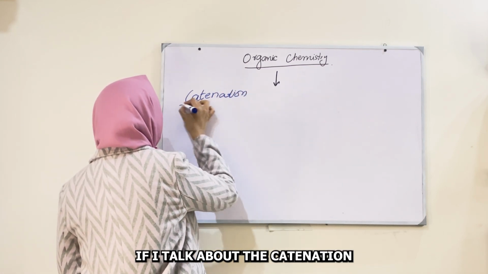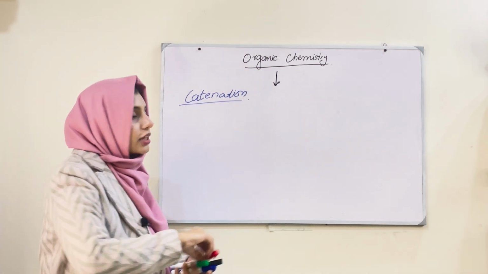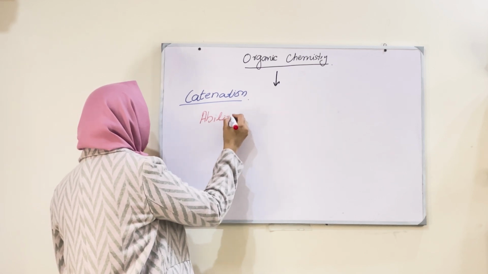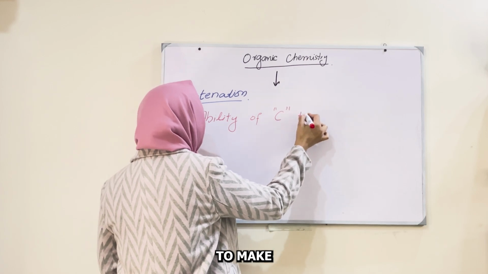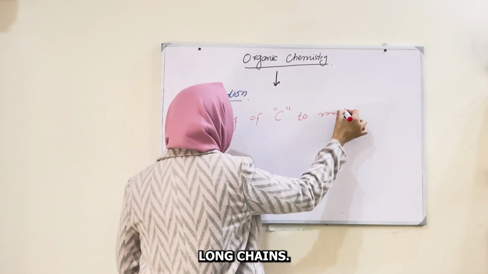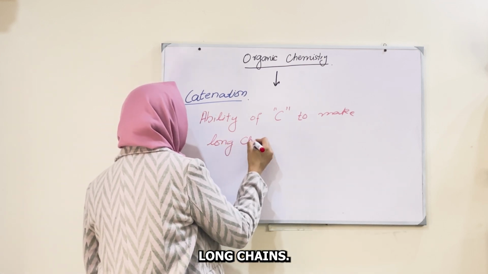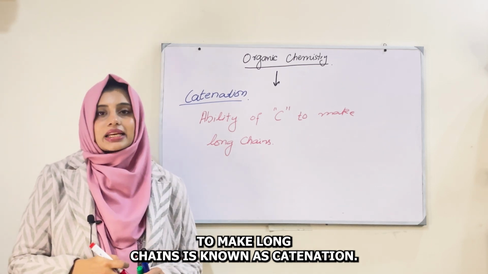If I talk about the definition of catenation, very simple, very easy, it is the ability of carbon to make long chains. This ability of carbon to make long chains is known as catenation.